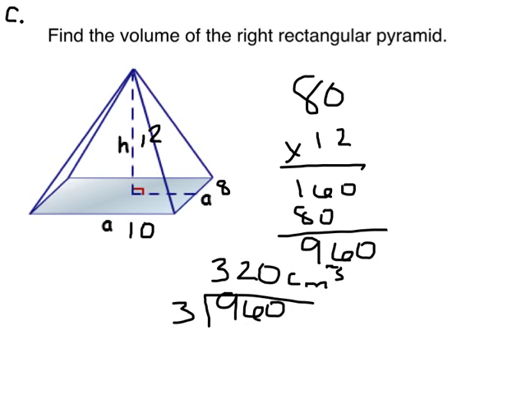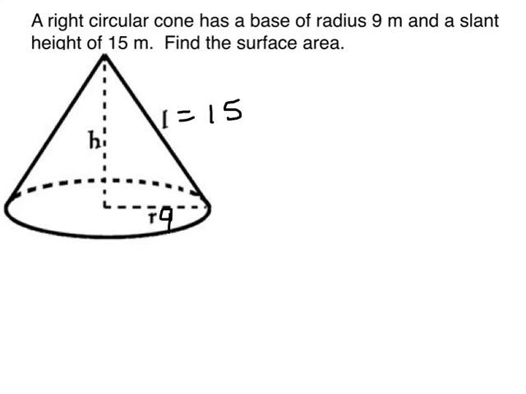All right, so in this one, D, it says a right circular cone has a base of radius 9 meters and a slant height of 15, find the surface area. All right, the first thing we have to do is pi times radius squared to find the area of the base. So that would be pi times 9 squared, or pi times 81.